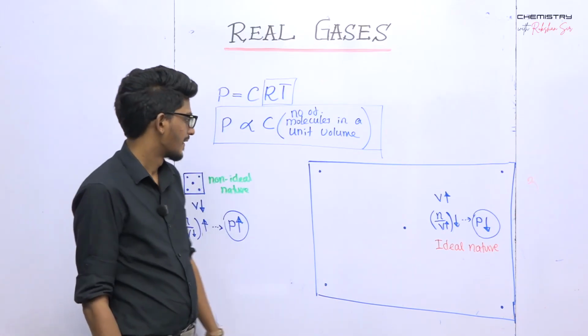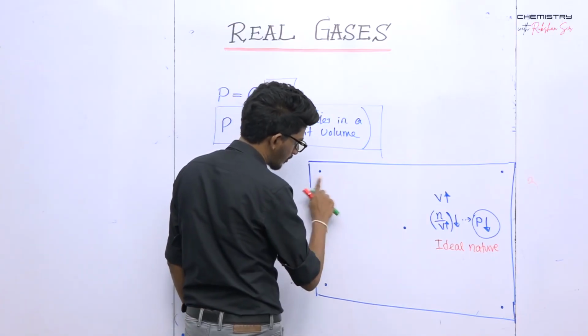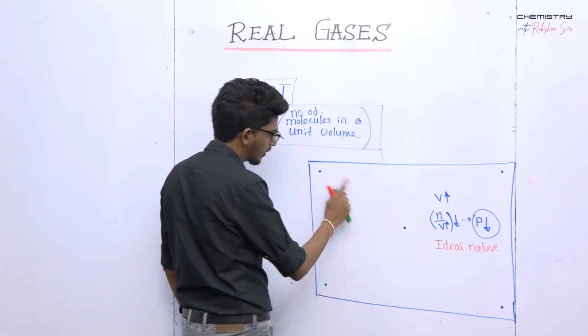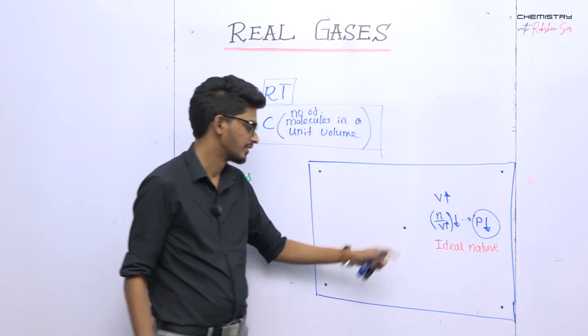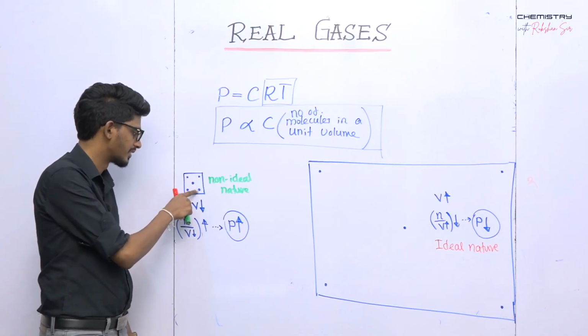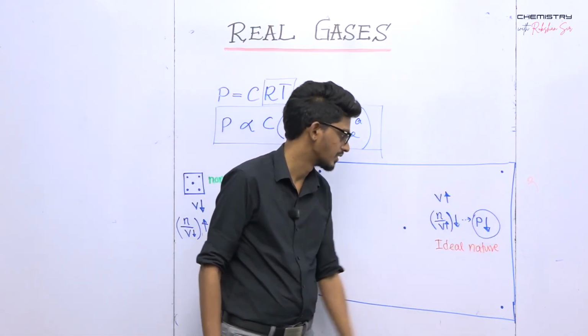The other thing is, as these particles are very far away from each other, no attractions or repulsions occur among them. But not here, where the particles are very close and attractions and repulsions will occur. Here, the particles are very far apart.